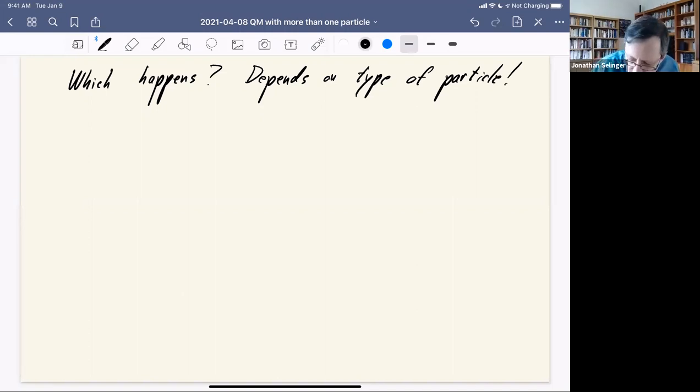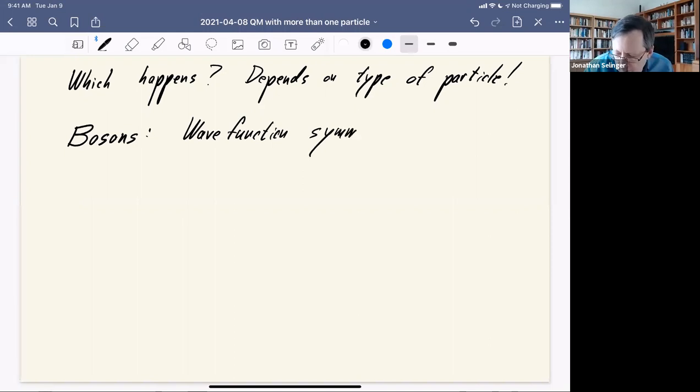Okay? There is a set of particles called bosons, where the wave function must be symmetric under the interchange of what you call 1 and 2.